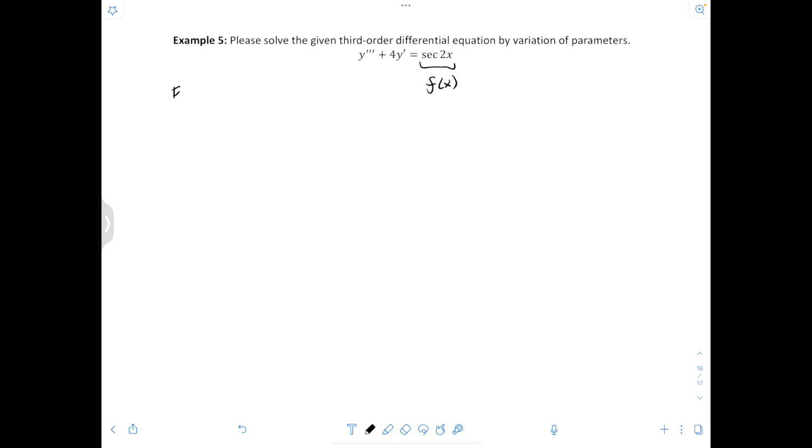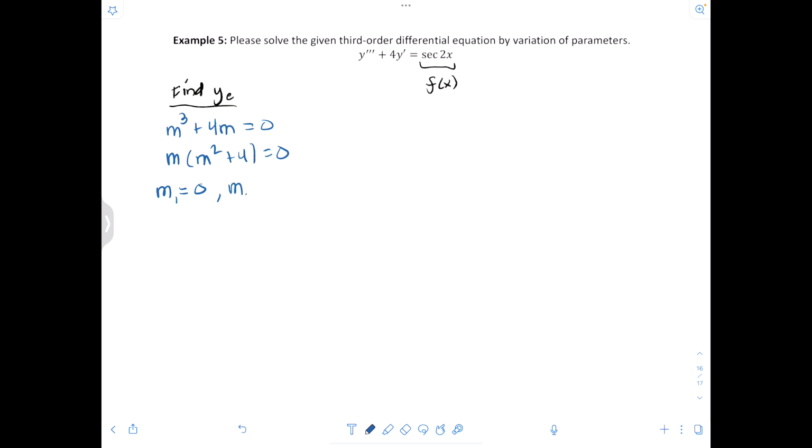And then we need to go through all our steps, find yc. So that's going to be m cubed plus 4m is 0. m times m squared plus 4 is 0. So we'll get m1 is 0.